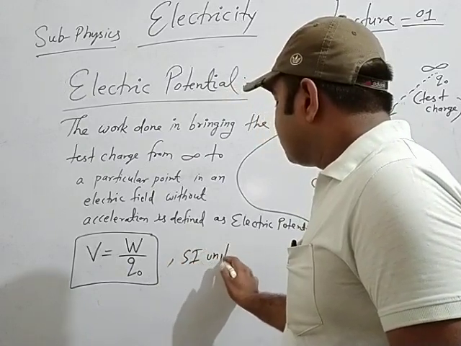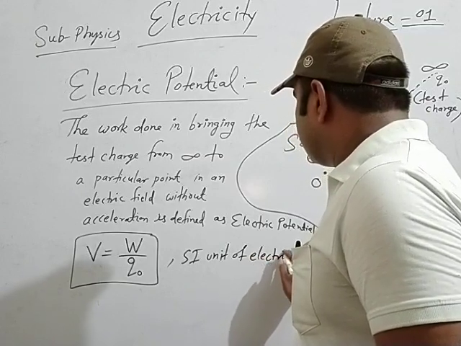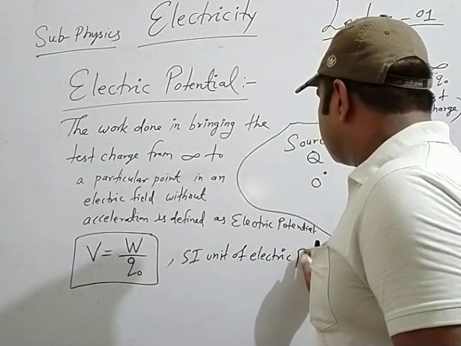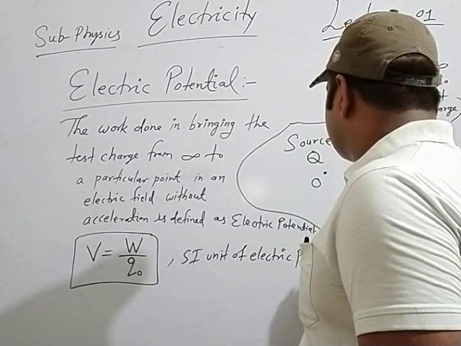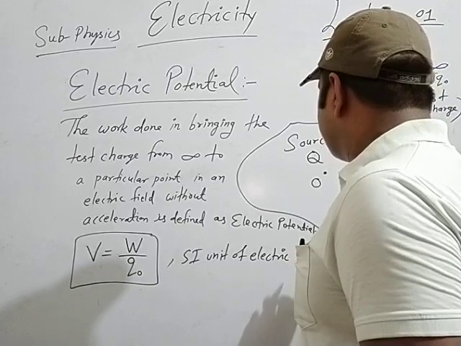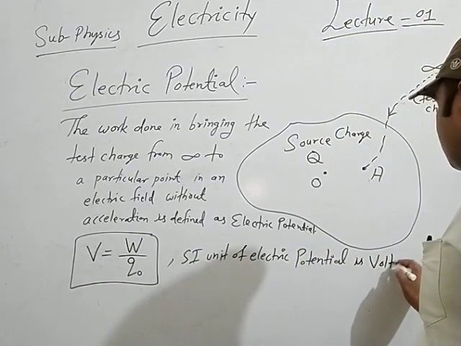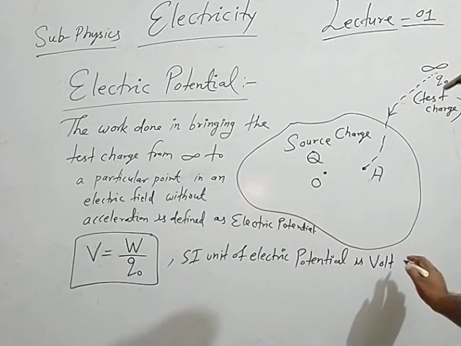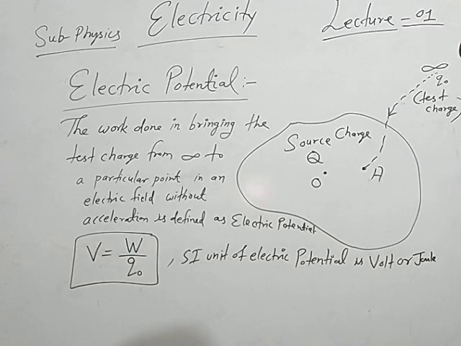Clear? And the SI unit of electric potential is volt or joule per coulomb.